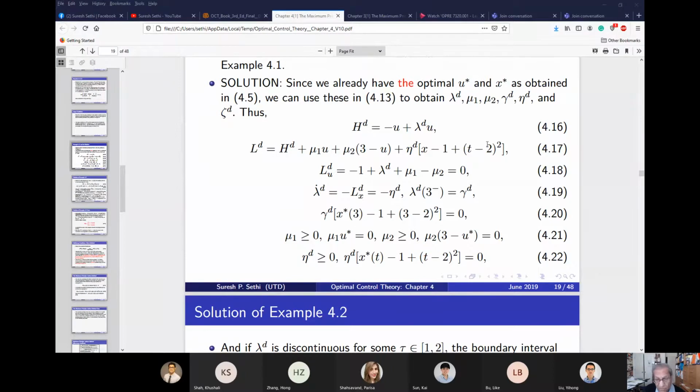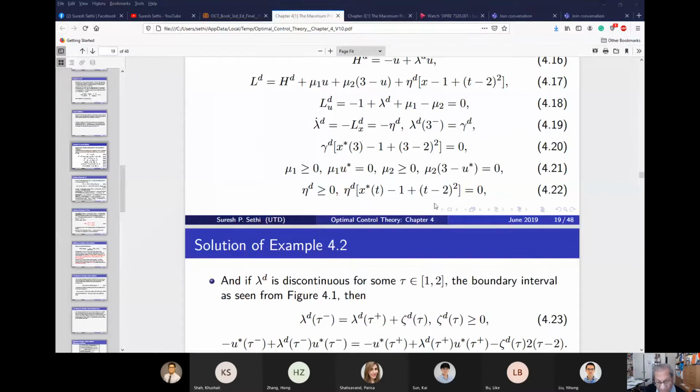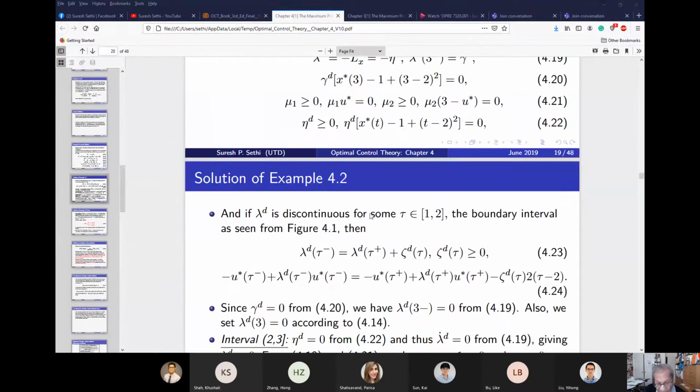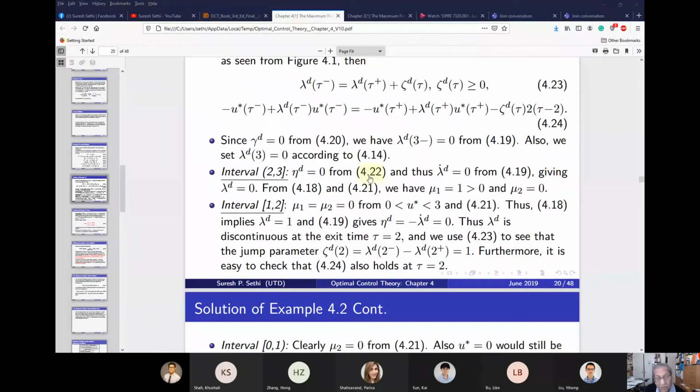You write this down one by one. And then you also write down that if lambda is discontinuous, there's a jump condition. You go through all of this, and once you have written them down, you already know that this is 0, and this is also 0. So there's no jump at 3. But now you go to 2, 3.